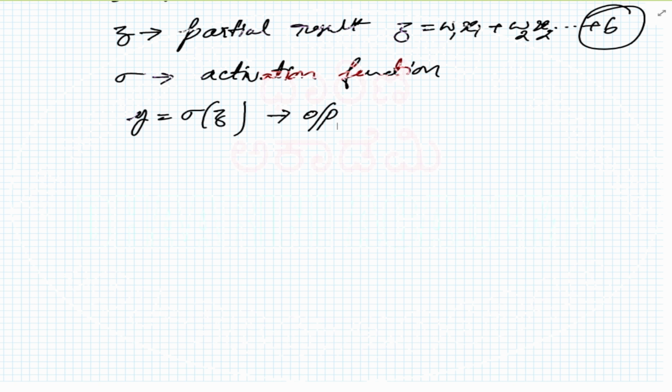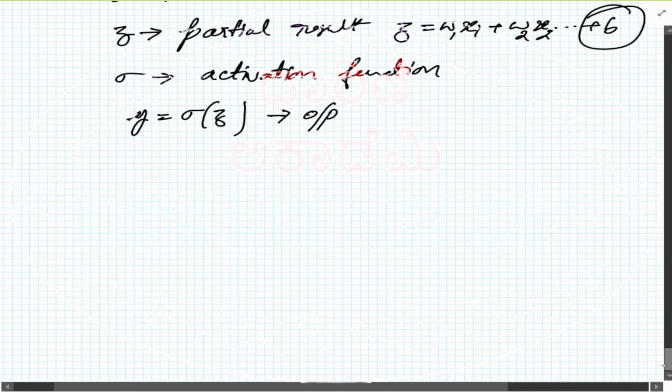Now I'll tell you how we can try to develop the deep learning concepts using neural networks. So a single neuron we define, and what all various parameters a single neuron has, that also we have seen.